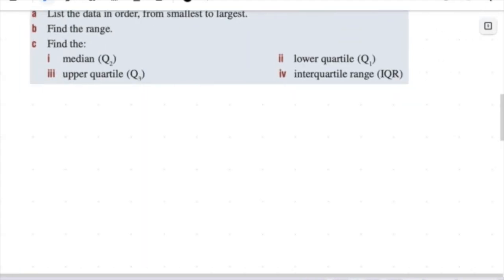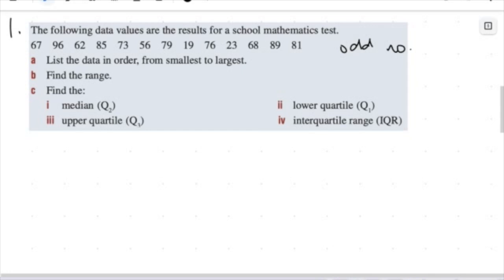You remember, hopefully, that whether the amount of values is odd or even determines how we make calculations about our median, which is very important. We're going to see how that affects our interquartile range and our upper and lower quartiles.